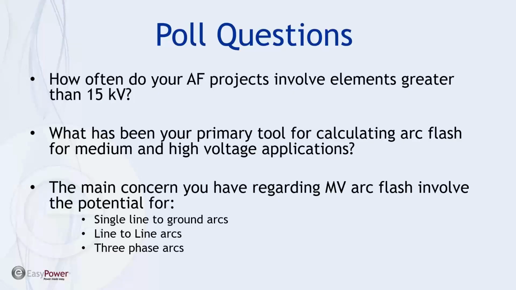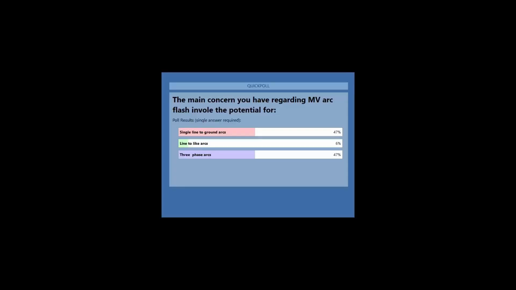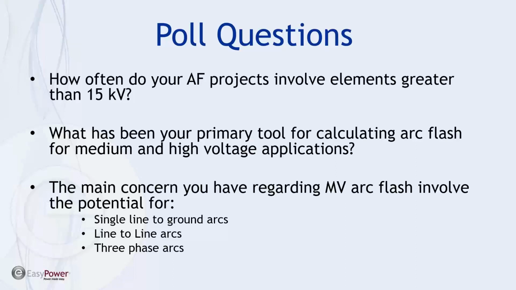So it looks like we have a quorum here. Again, thank you for participating. Here's how folks have weighed in on this. Interesting division of interest here. Looks like we're pretty evenly split between single line to ground and three-phase arcs.